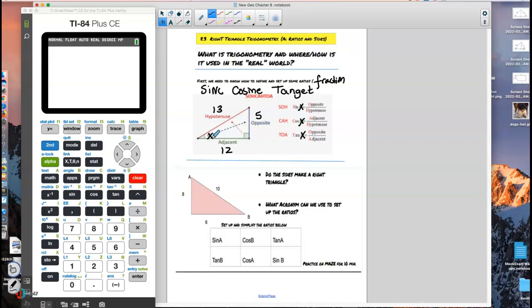There are 3 others that are these flipped over, but that's for another level of math. And the sine function is just a ratio of the length of the side opposite the angle, so that would be 5, over the hypotenuse, which is always across from the right angle, which is 13. So we'd say that the sine ratio is 5 over 13.